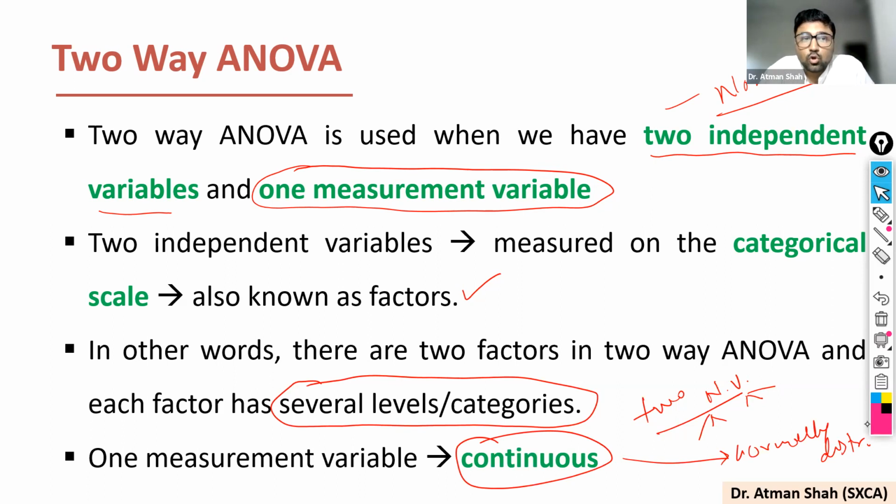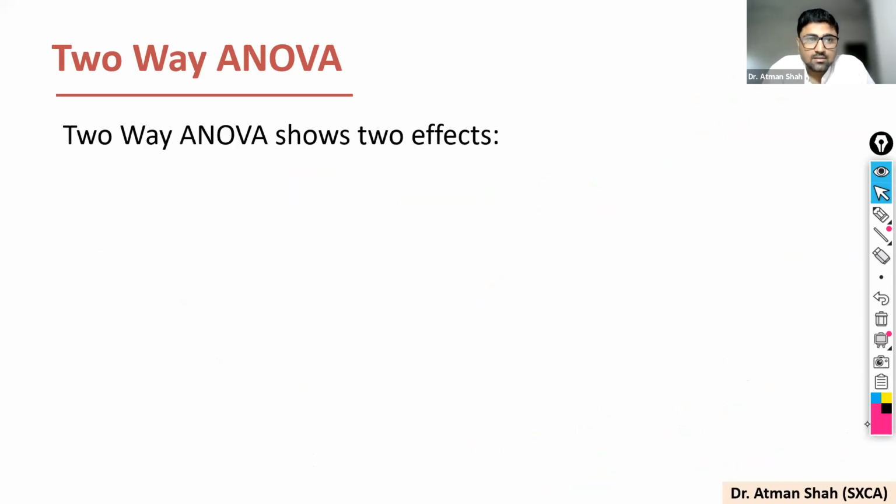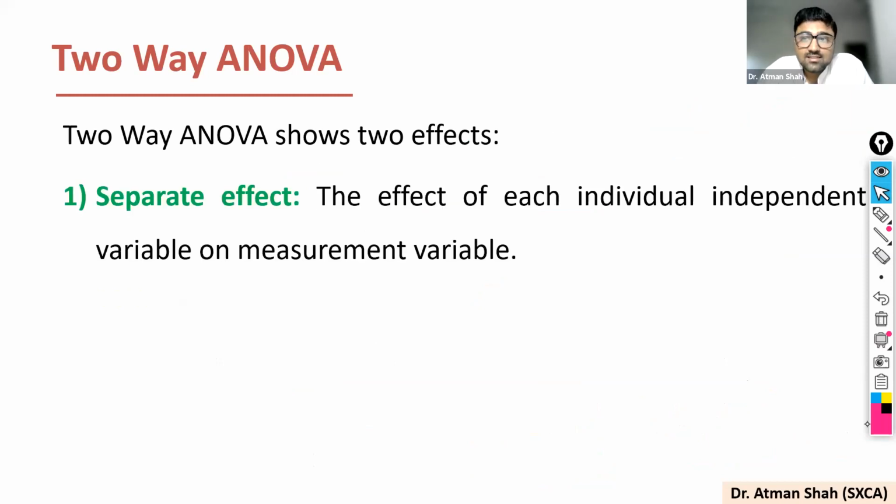And we have two independent variables which are measured on nominal scale, and they can have two or more categories. Now, two-way ANOVA shows two effects. First is a separate effect.